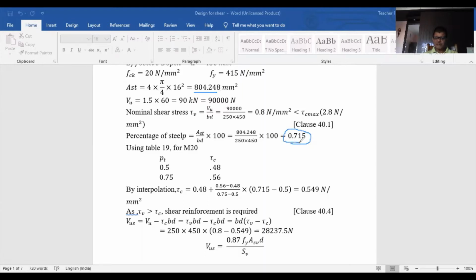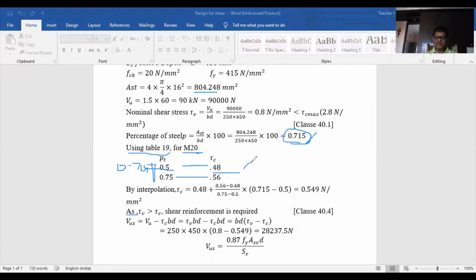Now for this percent of steel and for M20 grade of concrete, please look into Table number 19. Table 19 is given on page number 73 in your IS 456. So go to Table 19 and we'll see this value 0.715 lies between 0.5 and 0.75. So corresponding to M20, write down the tau c value for 0.5, the tau c value for 0.75, and we need in between, for 0.715, the value of this shear stress.